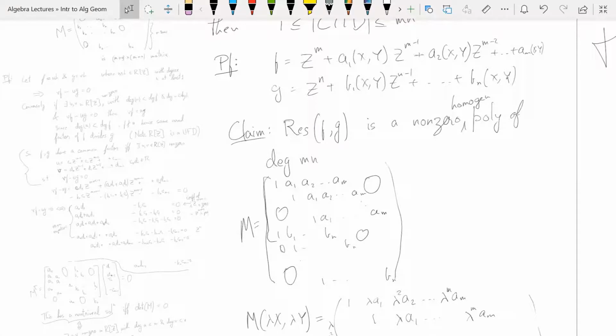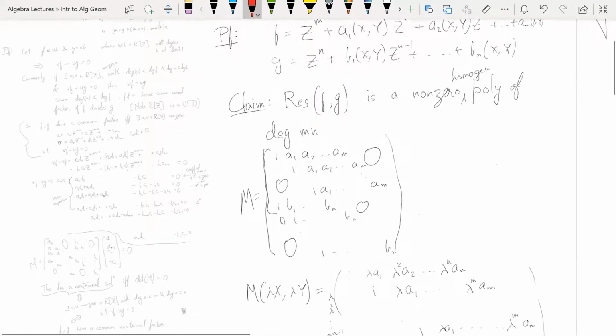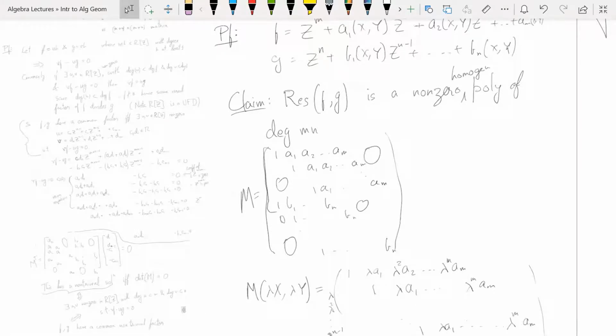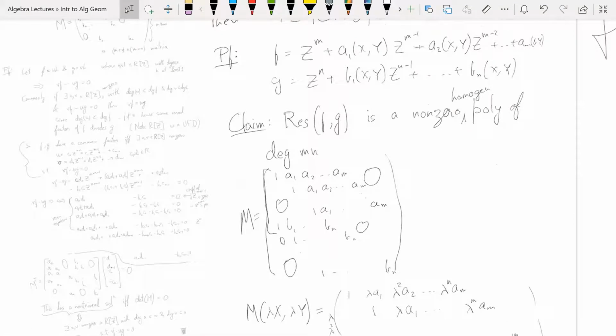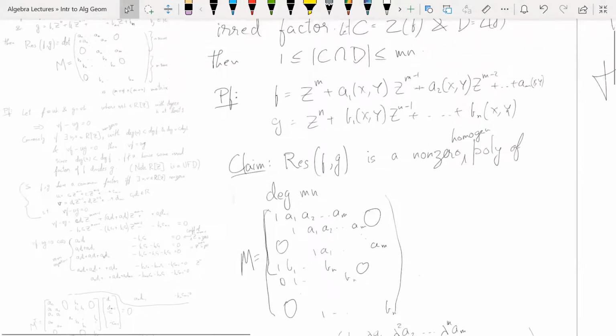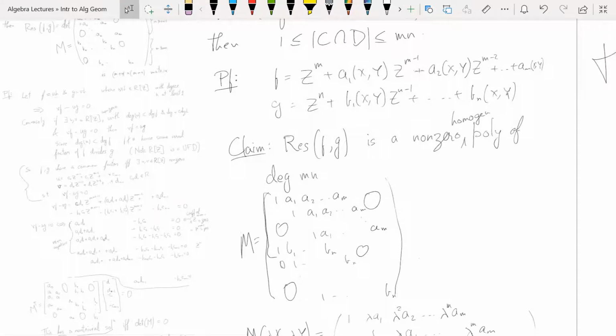It's already a non-zero polynomial, so all I have to show is that it's homogeneous of degree mn. So M is a matrix with entries which are polynomials in x, y. You can think of it as a matrix over R[x,y].